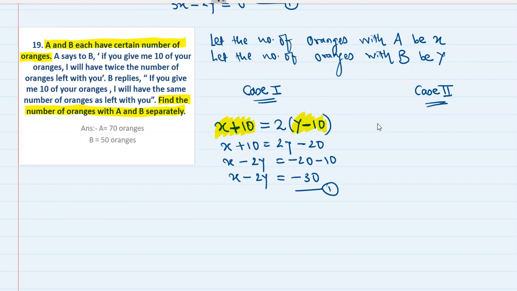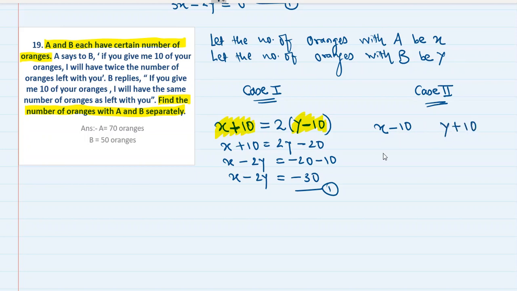Okay, in case 2, B replies, if you give me 10 of your oranges, I will have the same number of oranges as left with you. Now what is happening? A is giving away the oranges. The number of oranges with A will decrease by 10. And B is gaining 10 oranges.